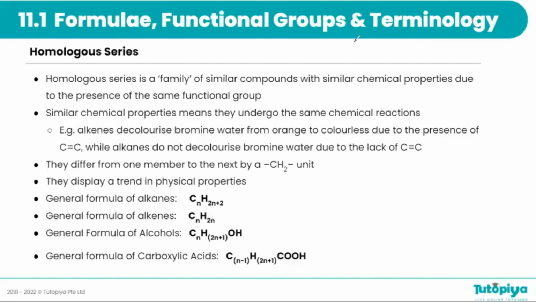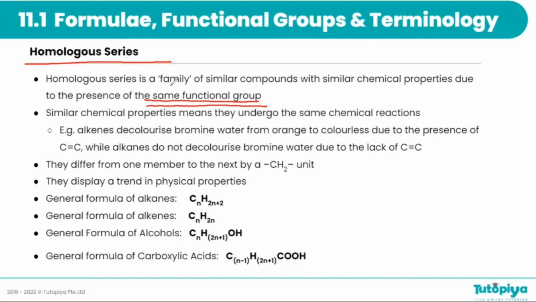To make things easier, we define something called a homologous series. A homologous series is a family of similar compounds with similar chemical properties due to the presence of the same functional group. It means the organic compounds with the same functional group are grouped together and we call it a homologous series.